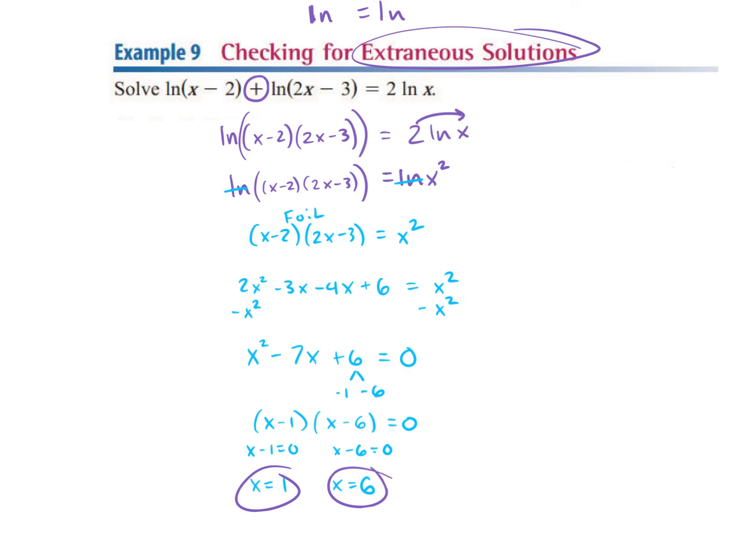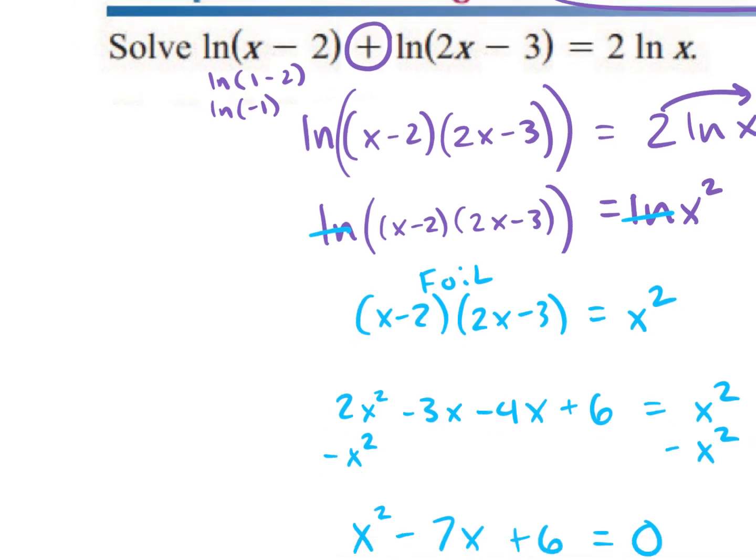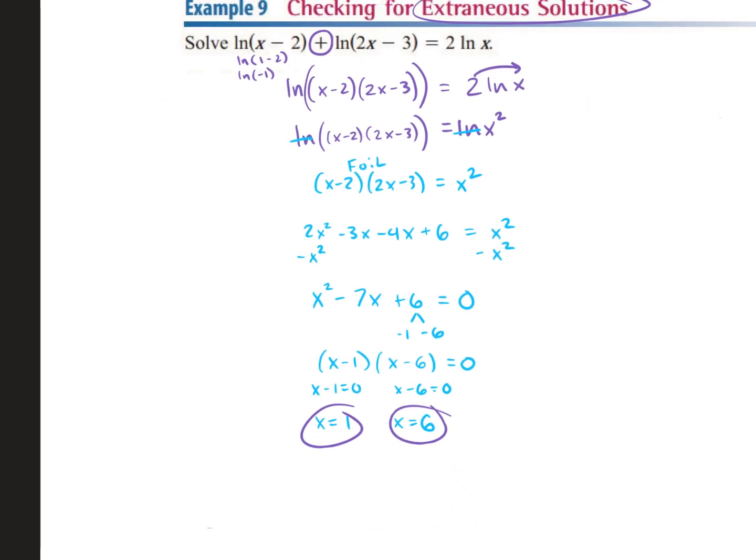So when I plug in 1, this would be ln of 1 minus 2, which is what? -1. What happens when you put the ln of -1 in your calculator? Error. So can 1 be a solution? No. So 1 is what we call an extraneous solution. It doesn't work.